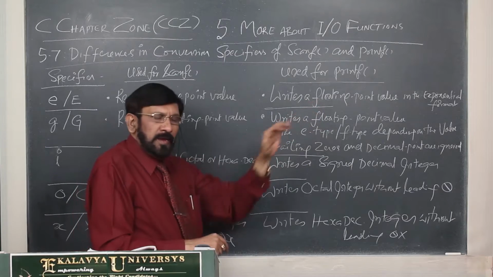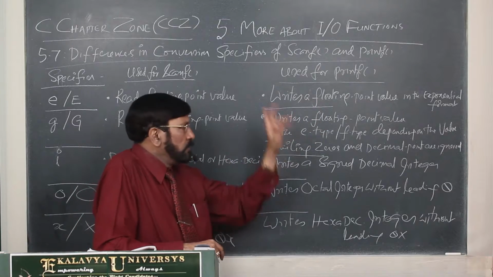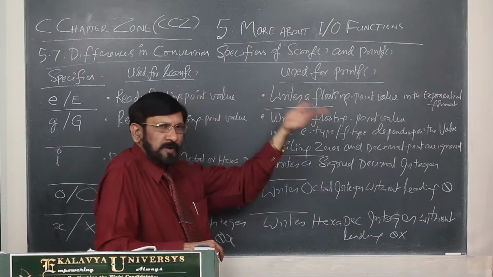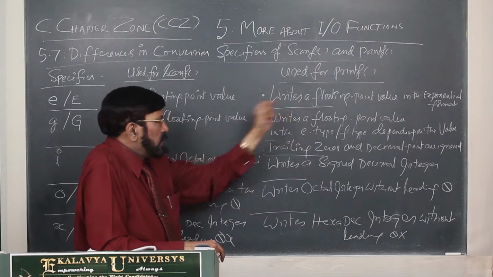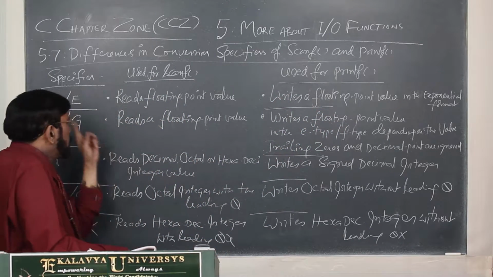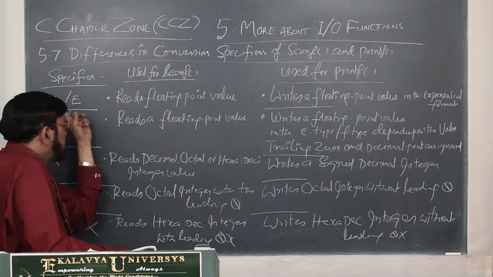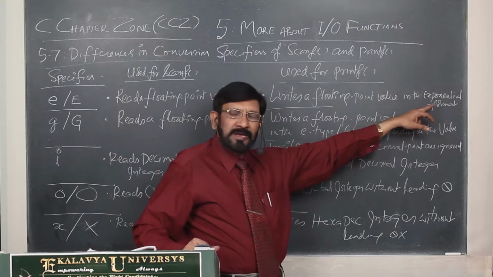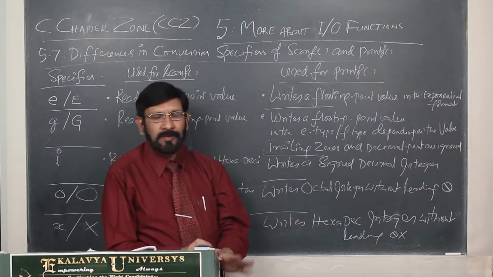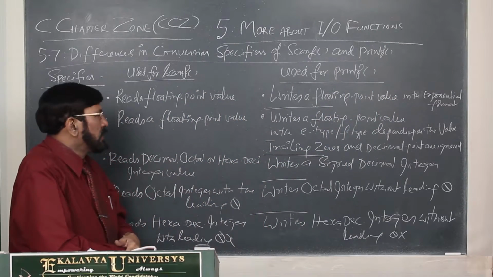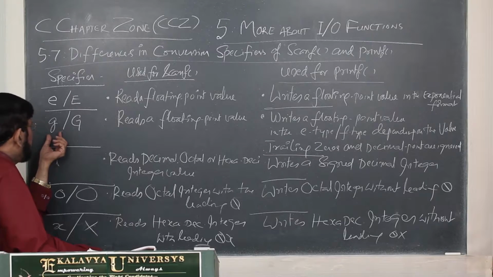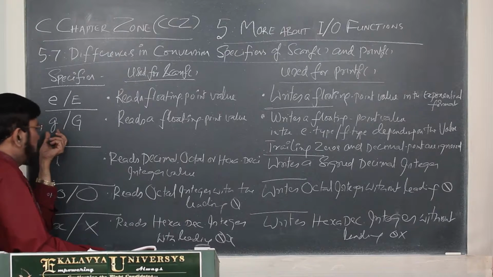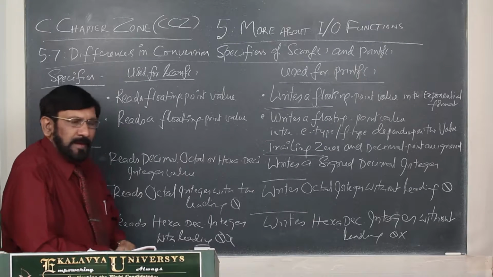Now if you give any floating point value and write it using either percentage lowercase e or percentage uppercase E, it is printed in exponentiation format. Next, percentage g or percentage G, lowercase or uppercase.